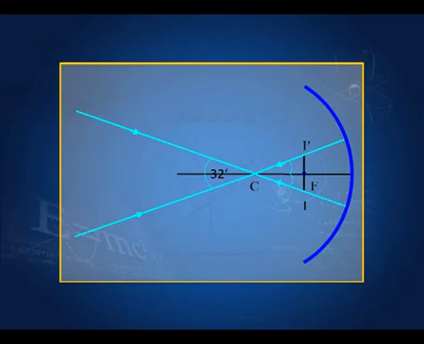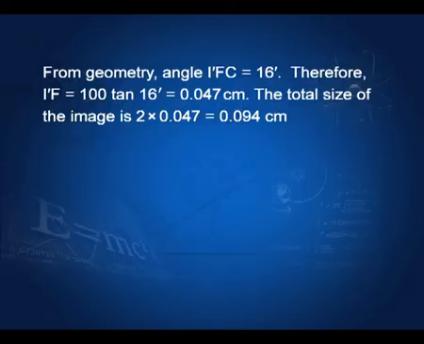And since they are almost parallel, the image is formed at f, and this is the size of the image. And since this is 32 minutes, half of the angle is 16 minutes, this angle is also 16 minutes, and I'f is f times the angle 16 minutes, because the angle is very small. So, we can take 100 centimeters into 16 minutes.